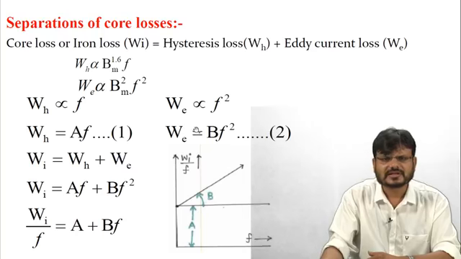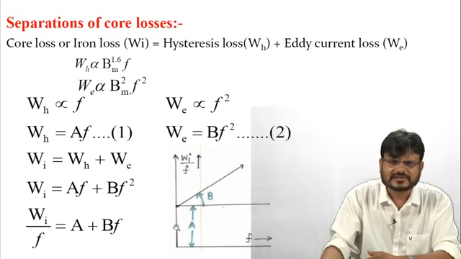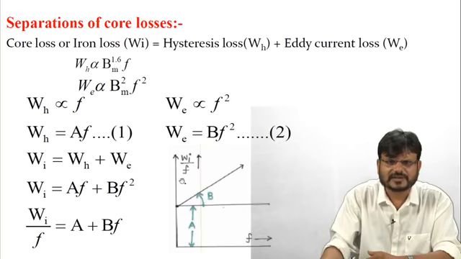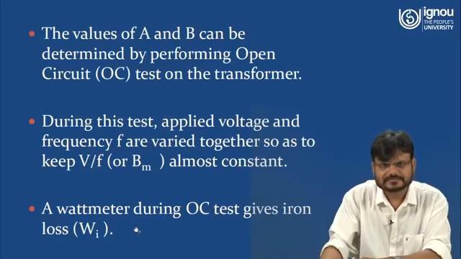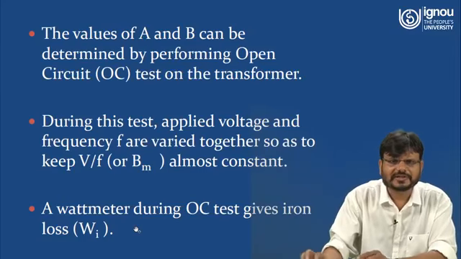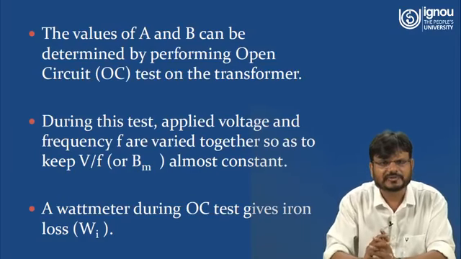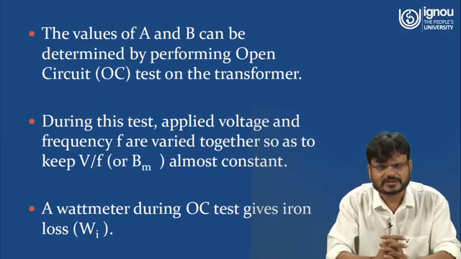Here you can see the graph between Wi upon F and F. This A is a constant and this BF term is changing. If you are able to find the slope of this line, you can calculate the eddy current loss. The values of A and B can be determined by performing an open circuit test on the transformer.